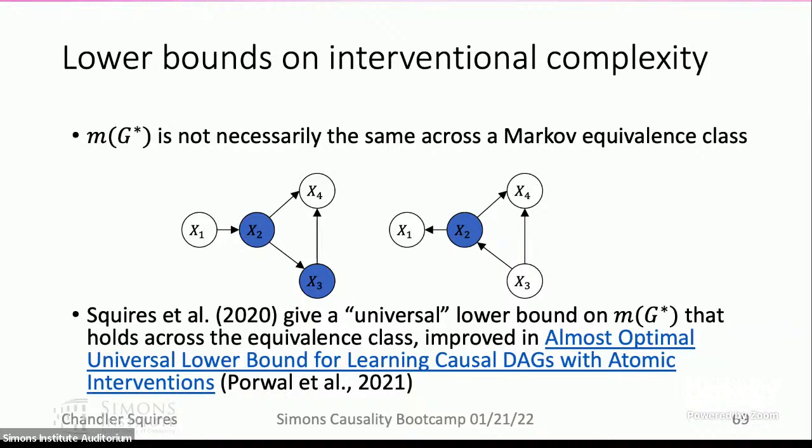And then there's a recent paper that gives a tighter bound and shows that this is almost an optimal bound. The better bound you can get is a factor of 2.